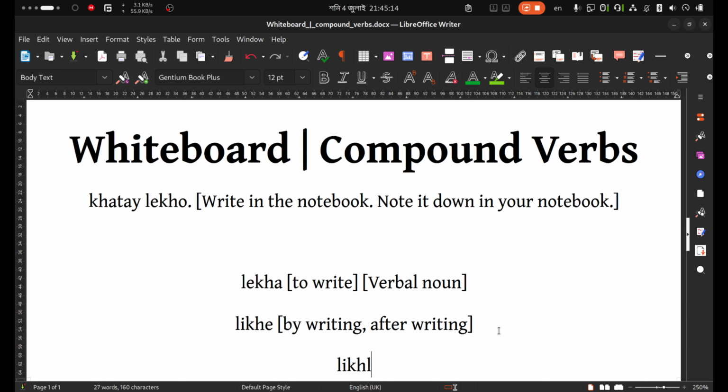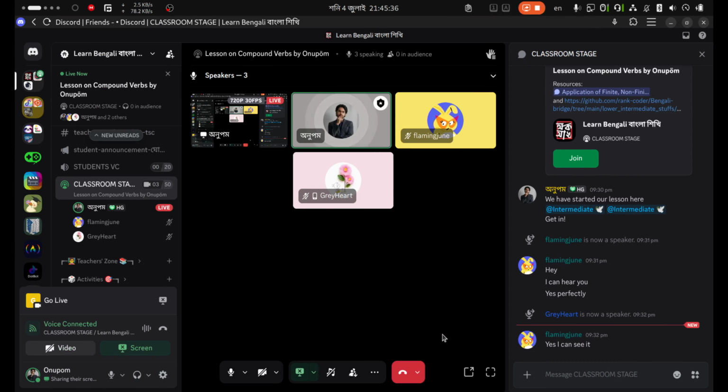The last one, likhle. Likhle is if you write. It simply means that if you write or if written. And this one is actually the conditional form. I'm just giving it a mention. It's not actually related to this lesson.